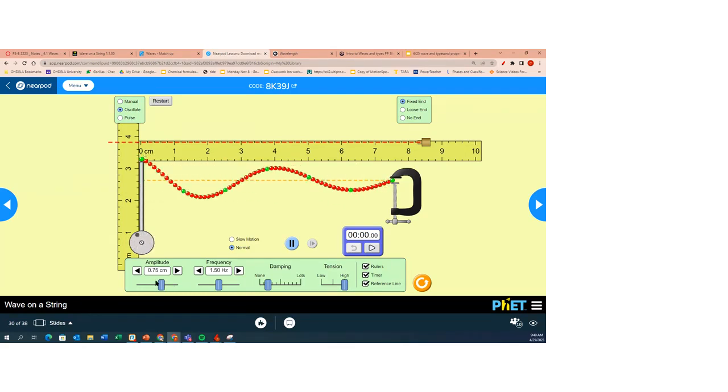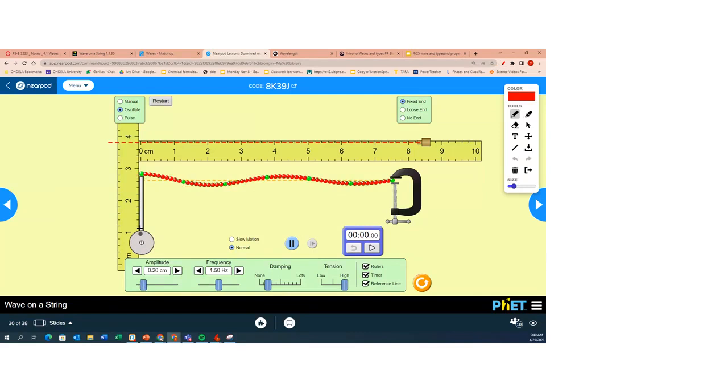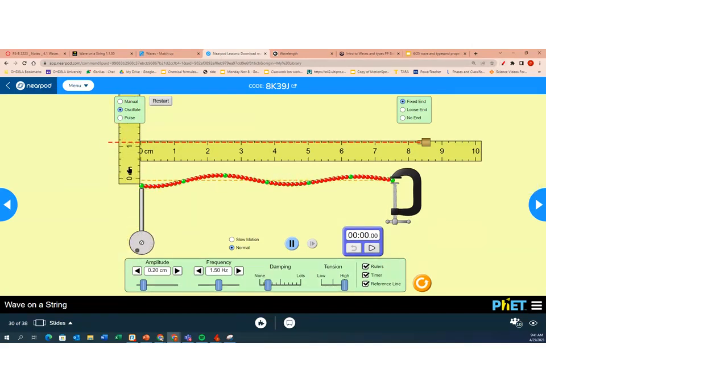If I were to bring the amplitude down to 0.2, every line here is 0.2 centimeters, right? And I'm going to move this up to that rest point, and you can see it's getting to 0.2. So that's the amplitude here.